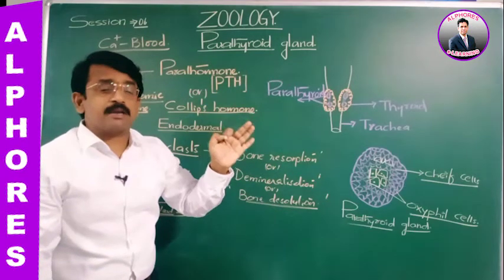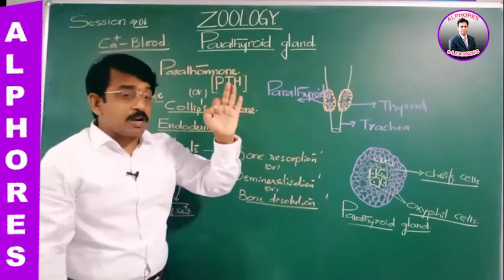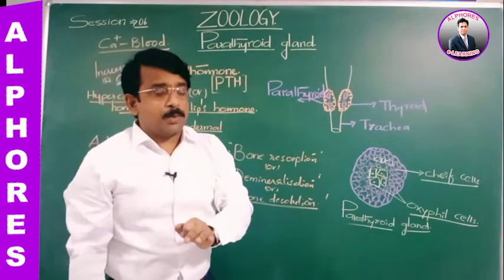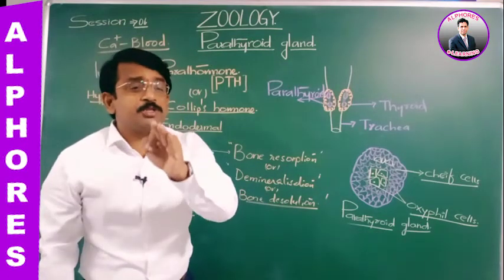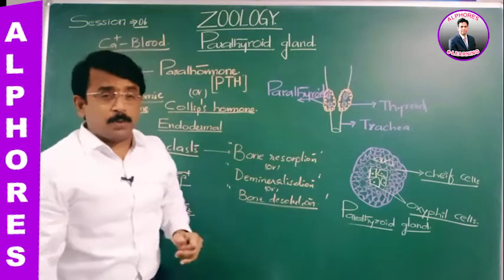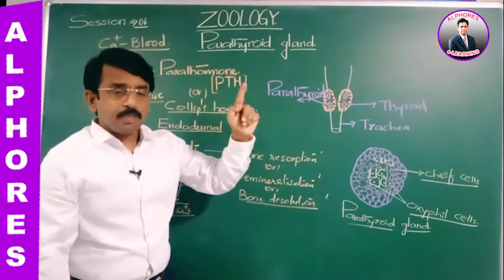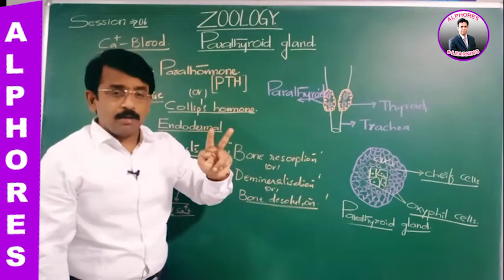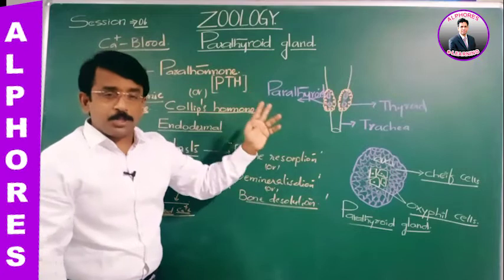Thyrocalcitonin decreases the calcium levels in the blood, and thereby it counteracts the action of the parathormone. Thereby the parathormone and calcitonin are said to be antagonistic hormones. The antagonistic hormones we have discussed: insulin, glucagon, MSH, melatonin, parathormone, calcitonin.